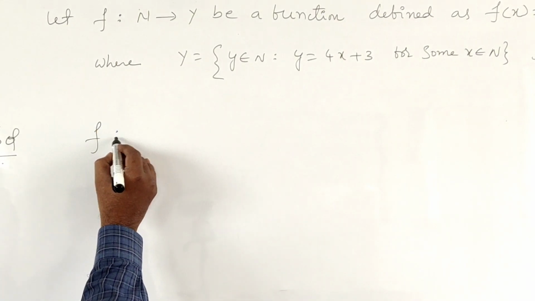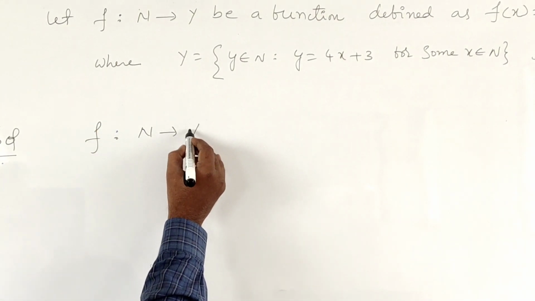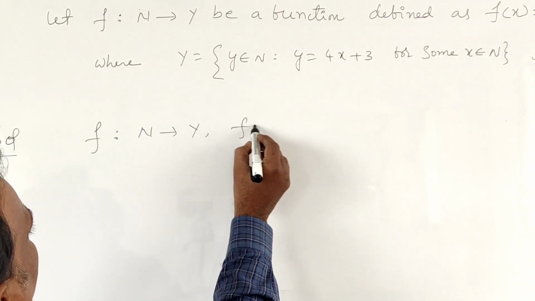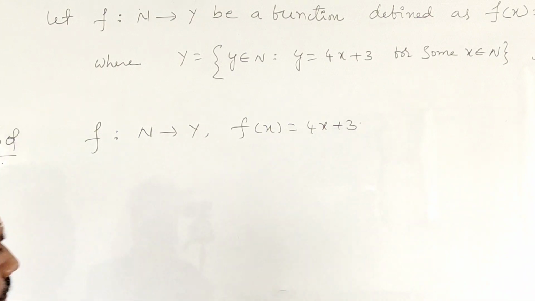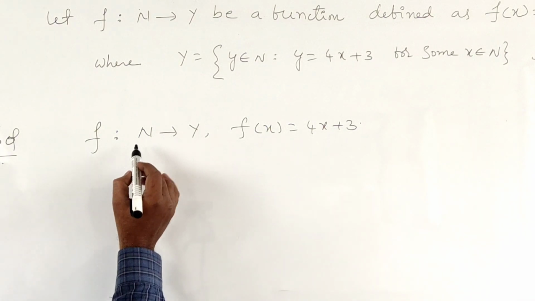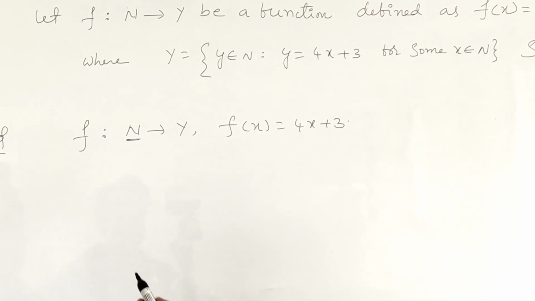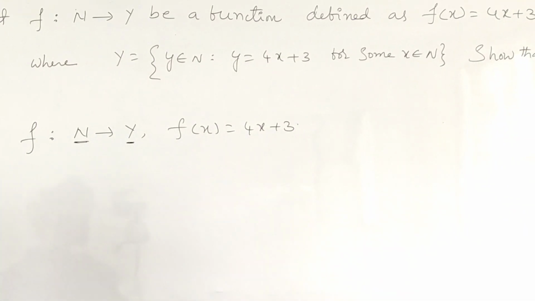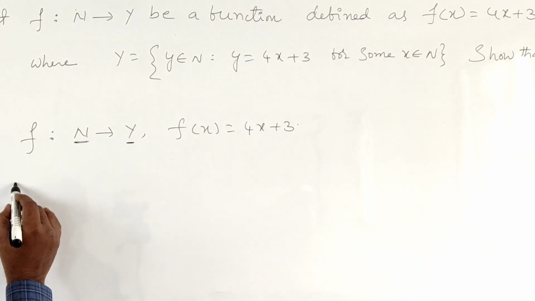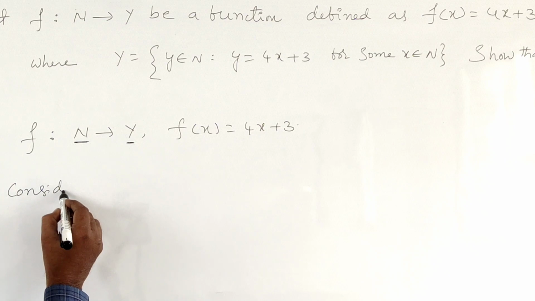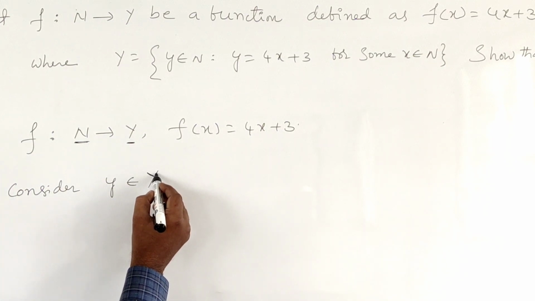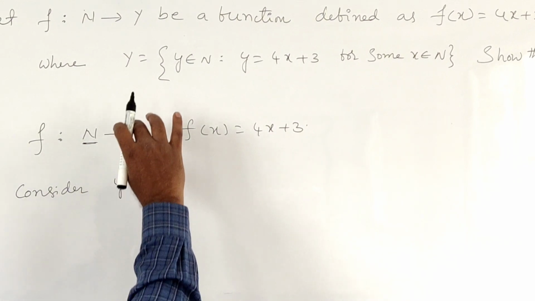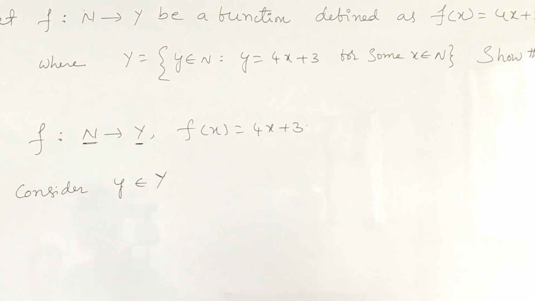F is mapping from N to Y, and f of x is equal to 4x plus 3. This is the given function. Here the domain is natural numbers, the codomain is Y. I told you in that step 1, consider y which belongs to capital Y. Always y is a term in the codomain, x is a term in the domain.